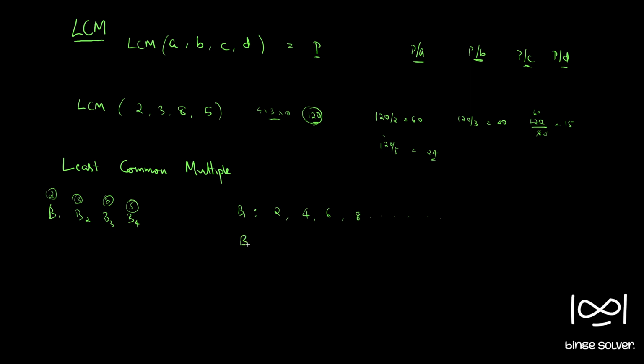So the second bell, if you consider, rings in every 3-second interval: 3, 6, 9, 12, it goes like this. B3 rings at 8, 16, 24, 32, it goes like this.